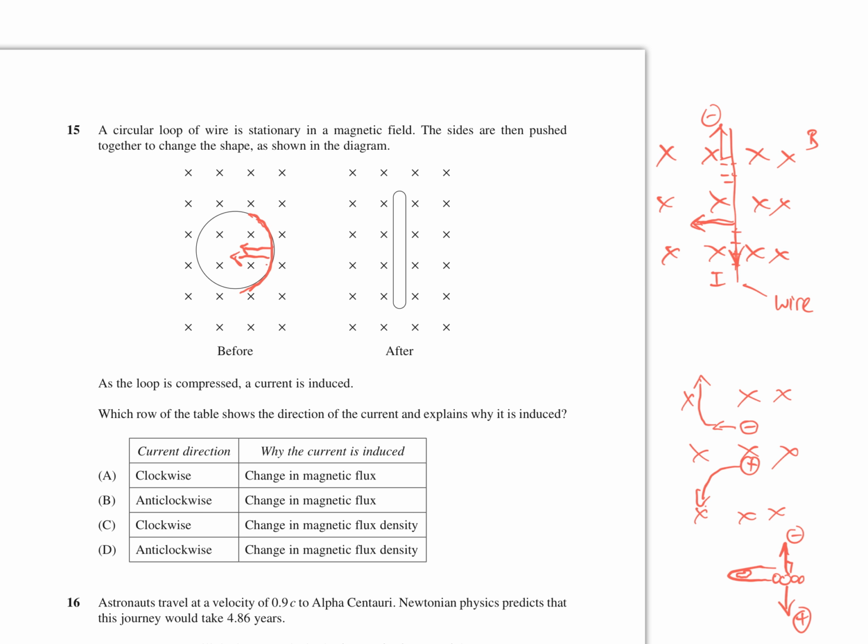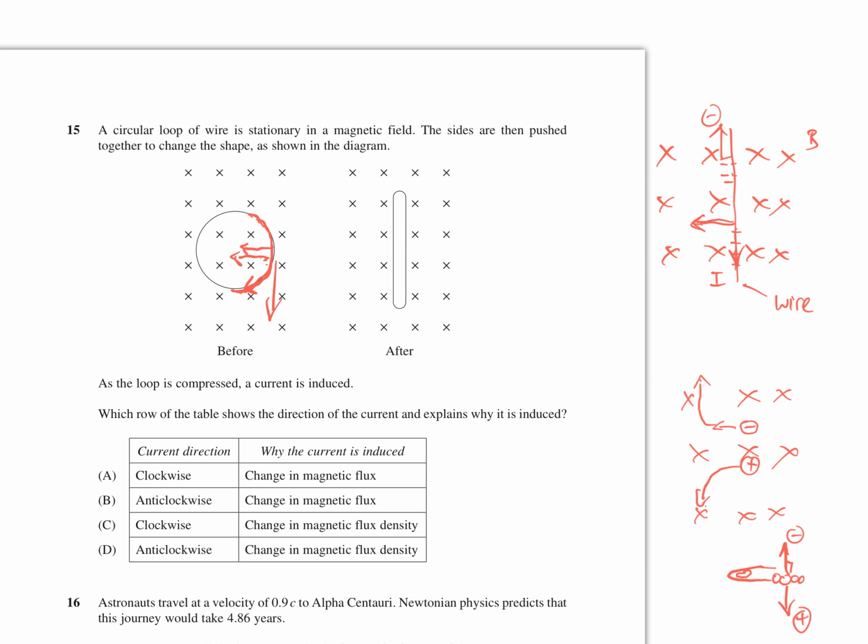By the right hand palm rule, we put the thumb in the direction the wire is moving, our fingers in the field down into the page. So the positive charges, palm, will be moved this way. So they'll move down this side of the wire.